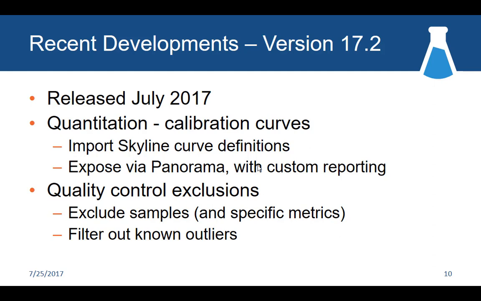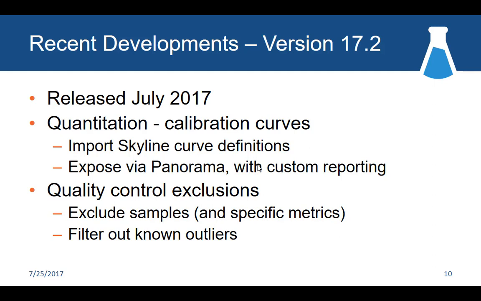They aren't yet available on Panorama Web. Vigisha and I were debating, should we upgrade the server right before or right after the course? We decided right after, just to be safe. But the first one, I had a poster on this at ASMS in June, is adding support for Skyline's quantitation via calibration curves. Before we've caught up on the Panorama side, we wouldn't capture those.